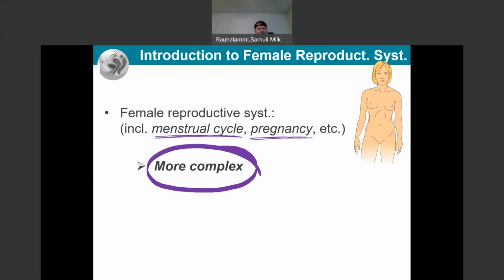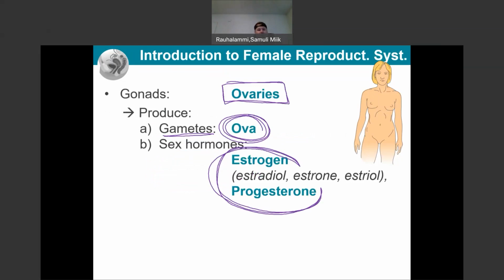I think the average is 28 days. That plays an important role. Again, the female gonads are going to be our ovaries, with the goal of producing the ova and sex hormones. We'll look at the role of estrogen and progesterone in a little more detail, but the important thing is that these help us prepare to sustain pregnancy.